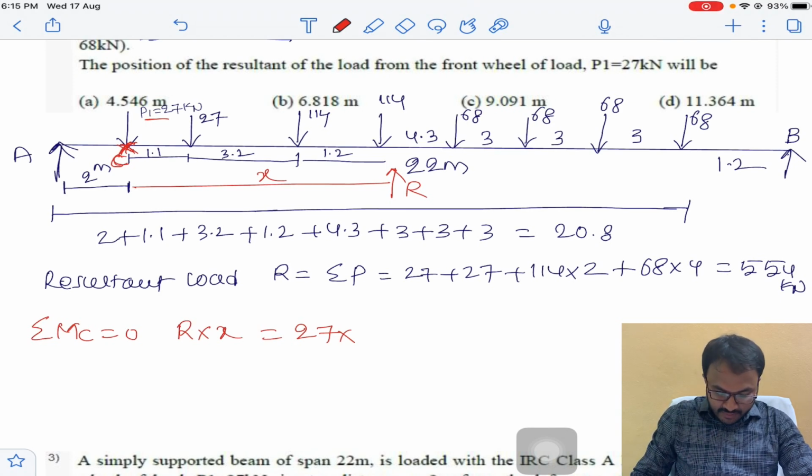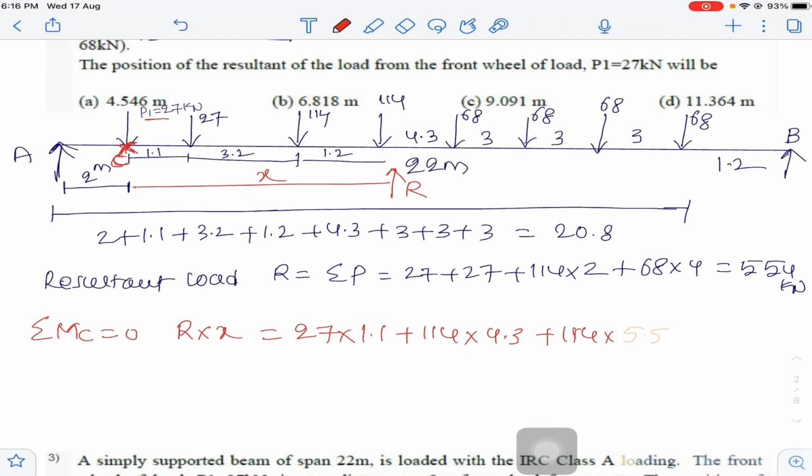Next, the remaining 27 will create moment about point C: 27 into 1.1 plus 114 into 4.3 plus again next 114 into 5.5 plus 68 into 9.8 plus 68 into 12.8 plus 68 into 15.8 plus 68 into 18.8.